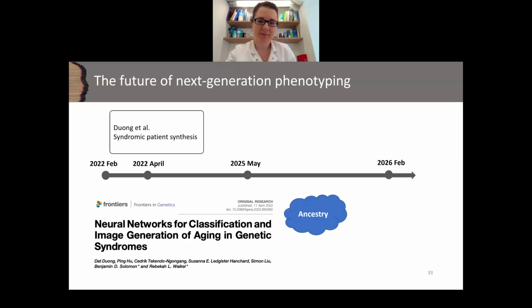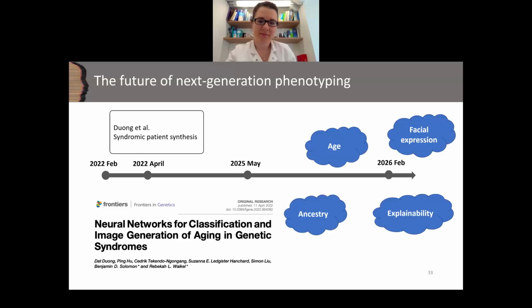Yeah, and afterwards, until now, we envision that with this kind of data set, we can dig more into this field. We can analyze how age influences the prediction, and also whether we can synthesize the patient's face at different ages. And also we can analyze the ancestry and also the facial expression.